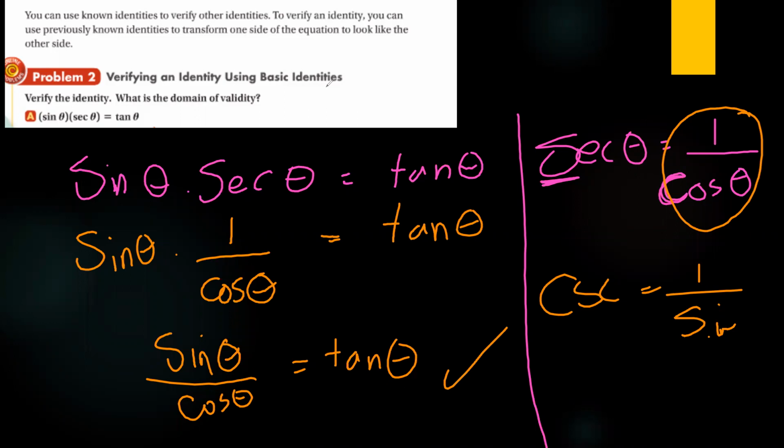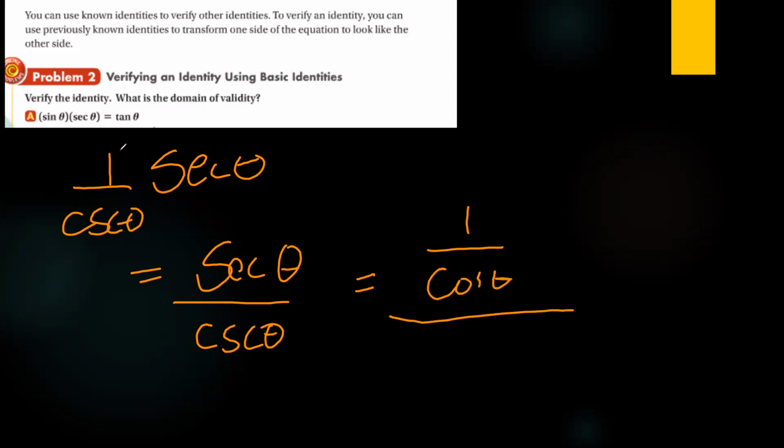I mean, if you start like this, keep secant as it is, and write sine as 1 over cosecant, so what do you have now? You have secant over cosecant. Okay. Then it's not equal to tan? How do you know if it's equal to tan or not? You will simplify it. Secant is 1 over cosine, and cosecant is 1 over sine.